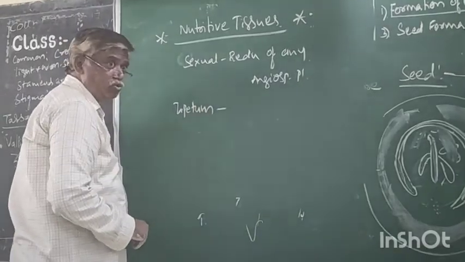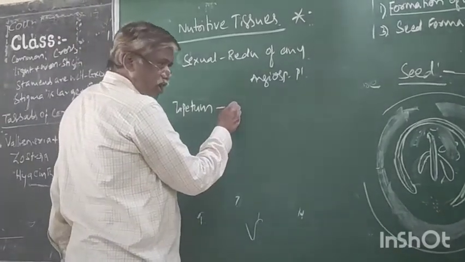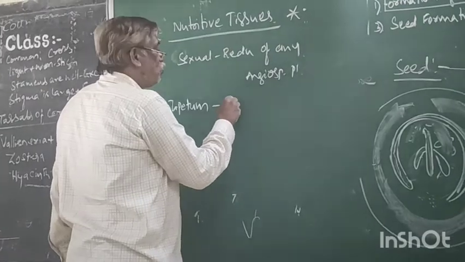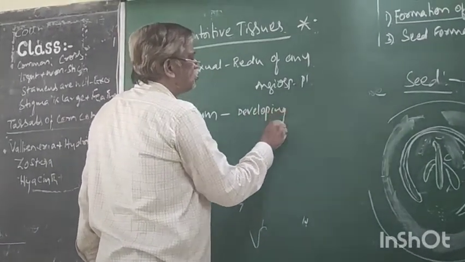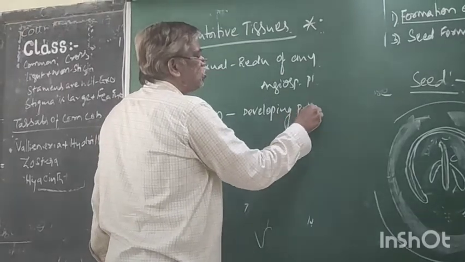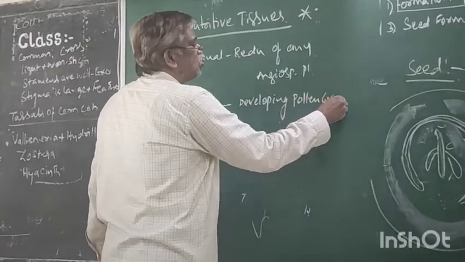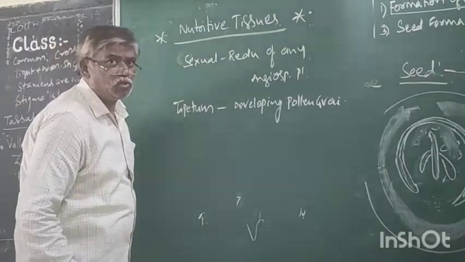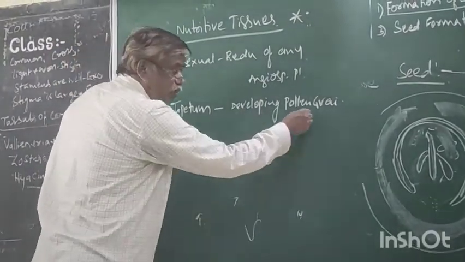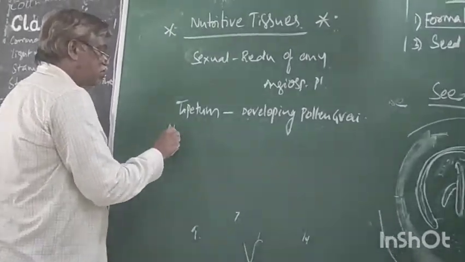is a nutritive tissue for developing pollen grains. Right. What is tapetum? Nutritive tissue to develop new cells.